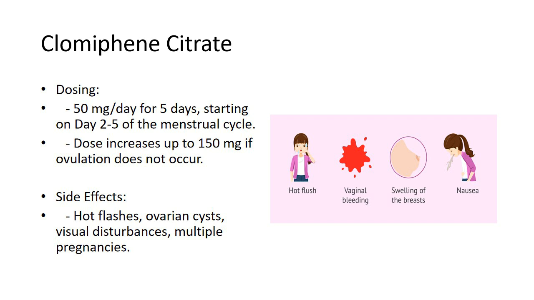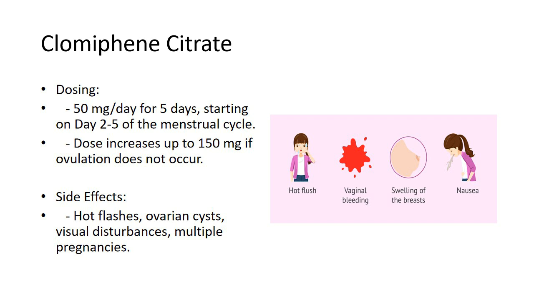Dosing protocols. Starting dose 50 milligrams per day, orally for 5 days, on cycle days 3 to 7 or 5 to 9. If no ovulation, increase to 100 milligrams per day, up to 150 milligrams per day.